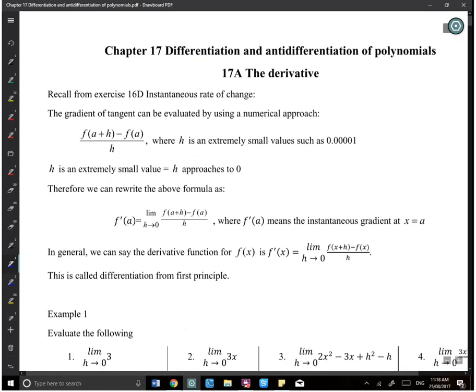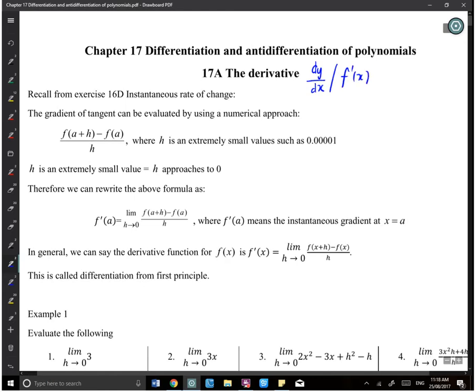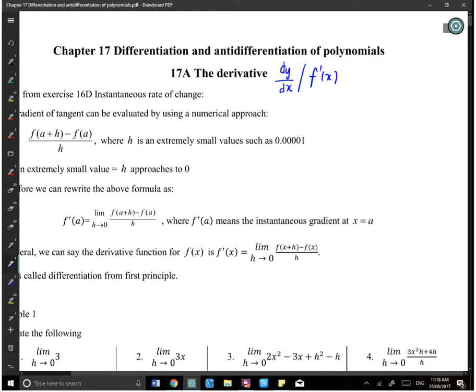So the first thing you need to understand is the derivative. If we use a symbol to represent it, that's dy/dx, or f'(x), or g'(x), or dy/dt, according to what is given to you. What does that value tell you? Why do we want to know the derivative?